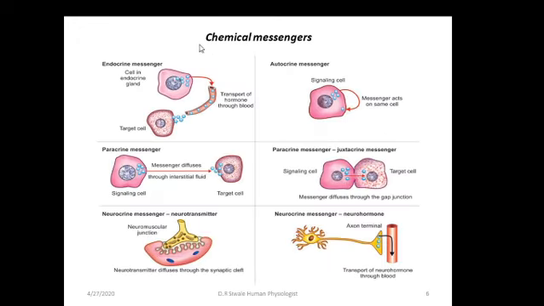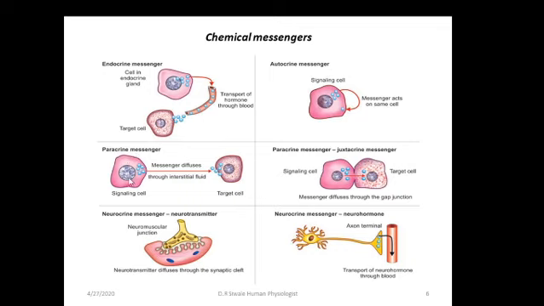So what is a chemical messenger? From the diagram here, we have the endocrine messenger, whereby a signaling cell releases a signaling molecule, in this case a hormone, which is transported through blood, and then it reaches the target cell. That is the endocrine messenger. And then we have paracrine messengers.